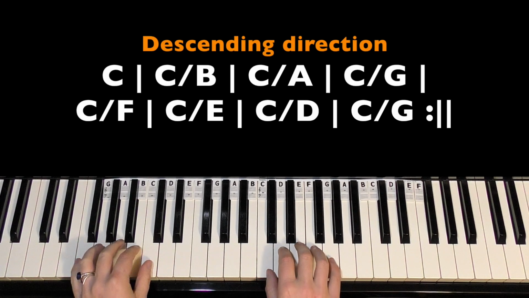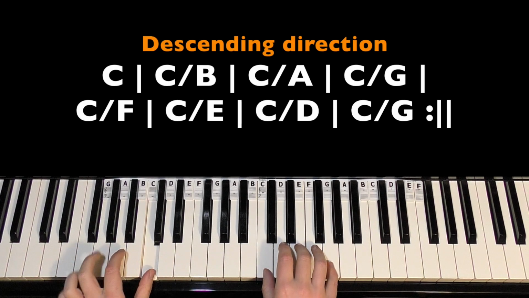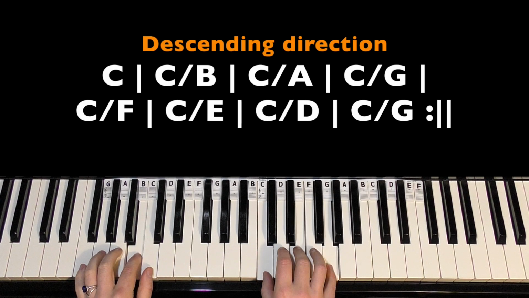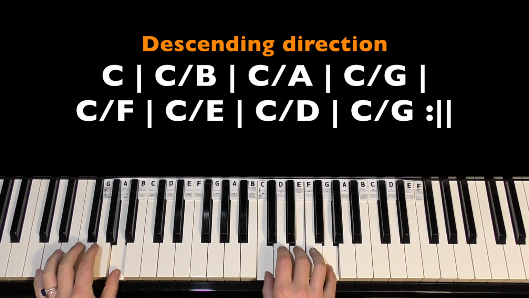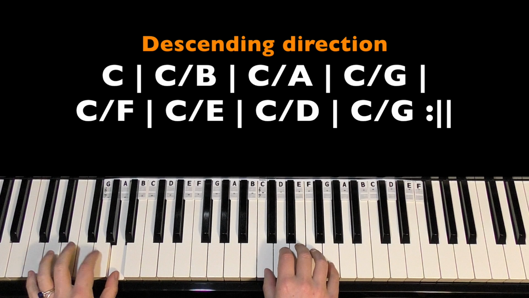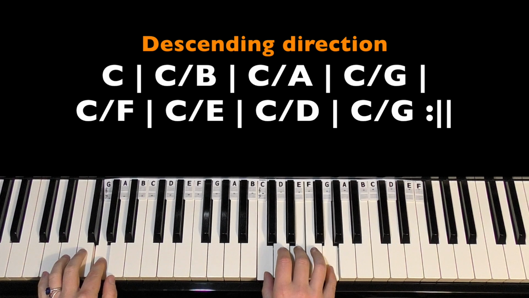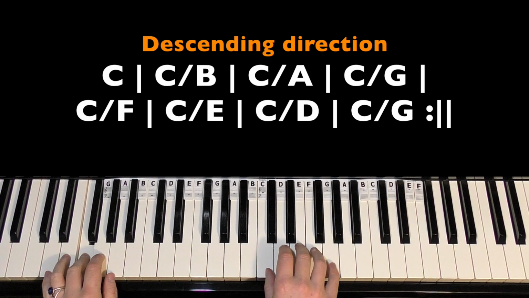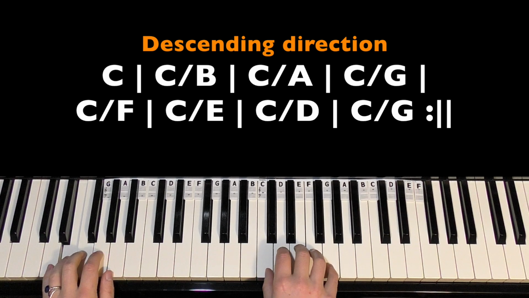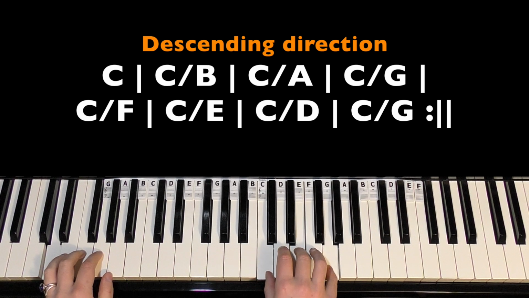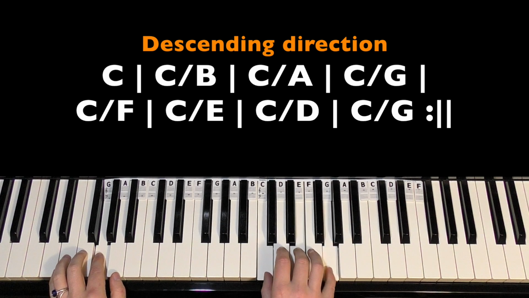So I'm going to play C, then I'm going to go down to B, so C over B, C over A, C over G, C over F, C over E, C over D, C over G. And it might sound quite familiar, this.